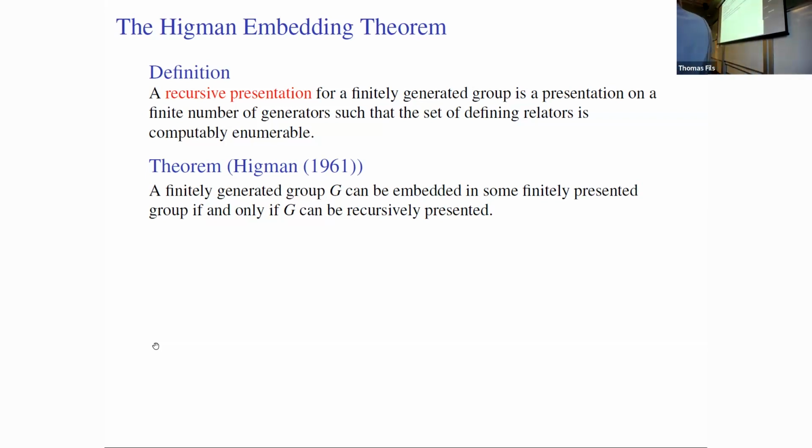From the definitions, I don't think it takes much work to show that a finitely generated subgroup of a finitely presented group must be recursively presented. But what you need is the other way around. You need some construction which gives you a recursively presented group and then comes up with a finitely presented group into which you embed it.